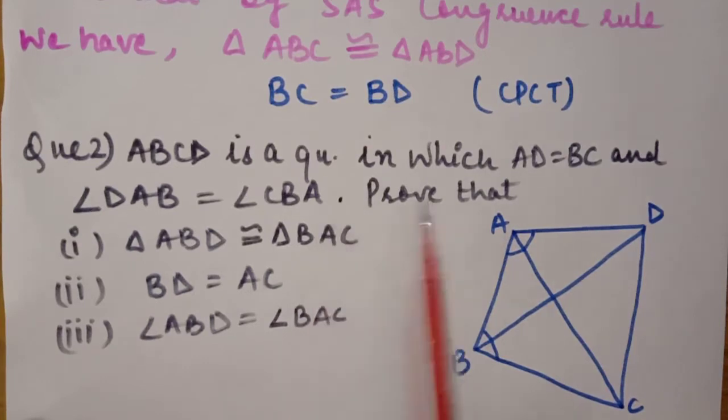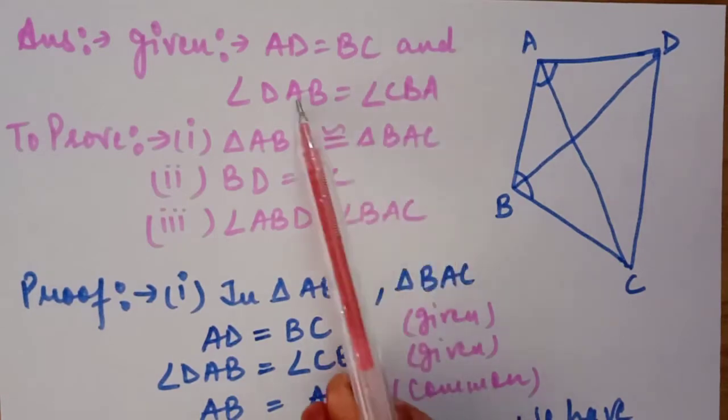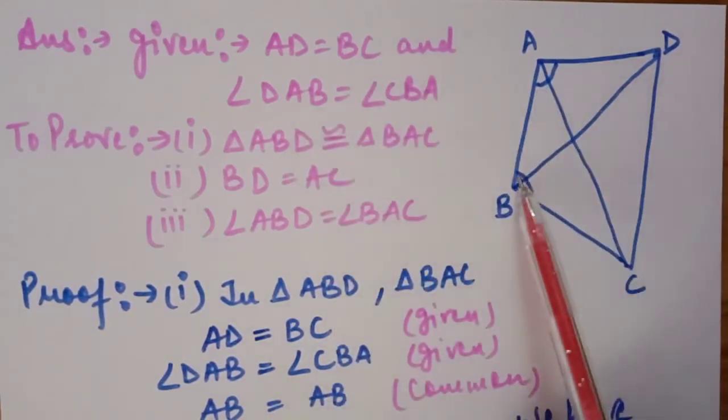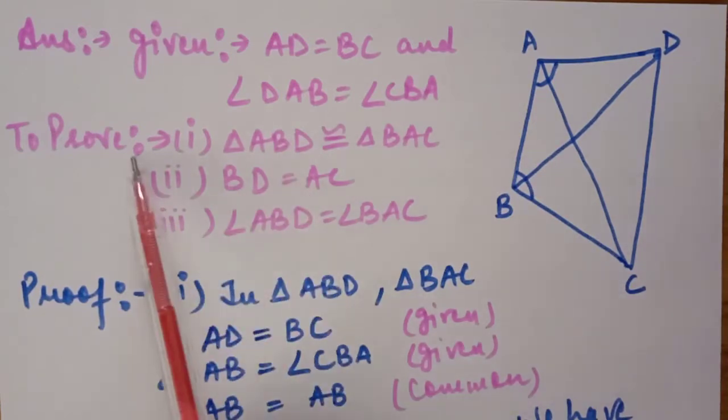It is given. And we have to prove three things in this question. So start your question. What is given? AD and BC are equal and these two complete angles, angle A and angle B, are also equal. These three things are to be proved. So now the solution.